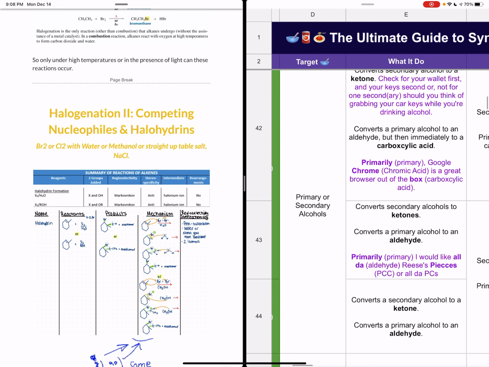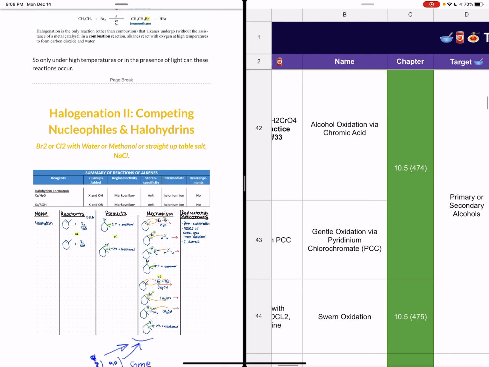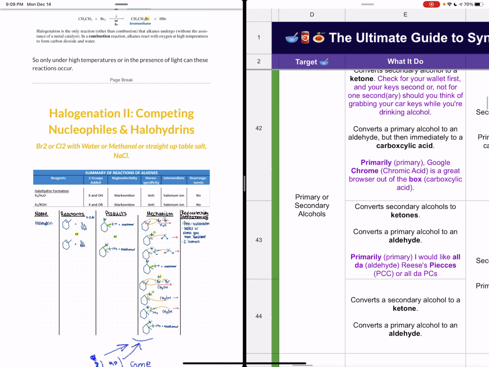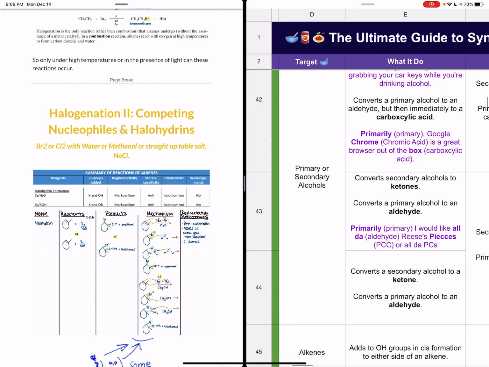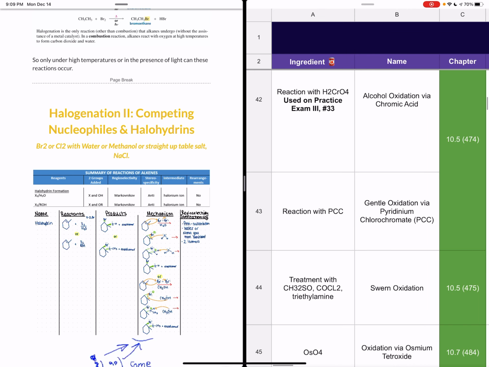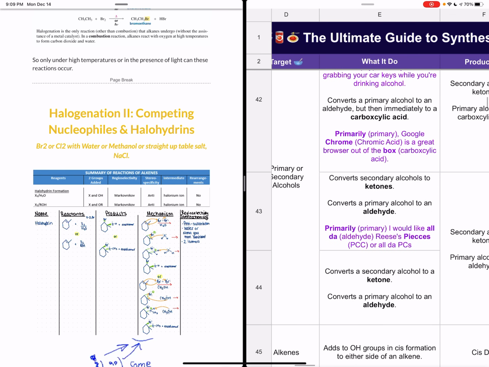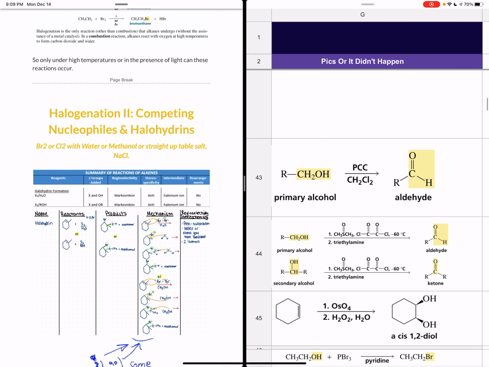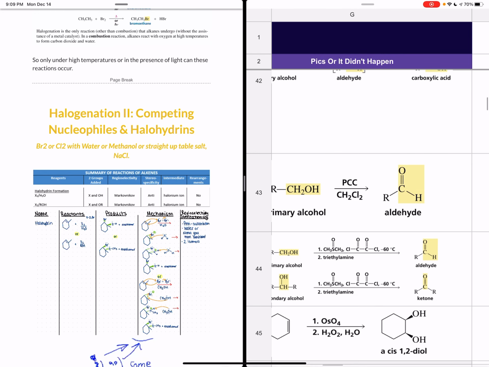All right. Well, what about a primary alcohol? They're all going to do different things, okay? Chromic acid is going to make a carboxylic acid on a primary alcohol, and PCC is going to make an aldehyde, as well as a Swern oxidation. You can see all these right here.